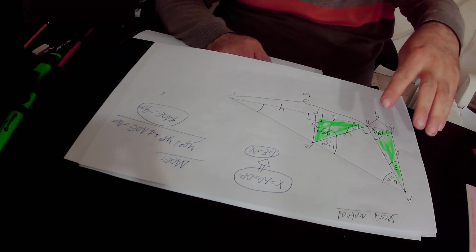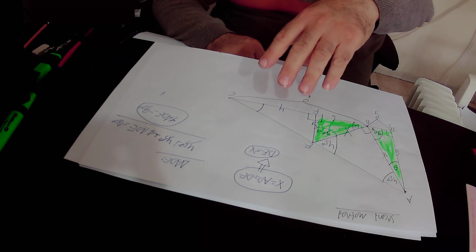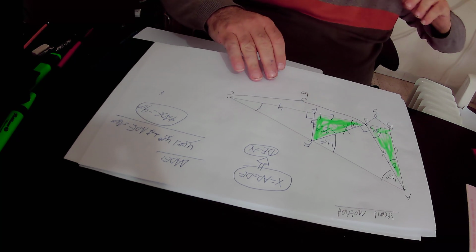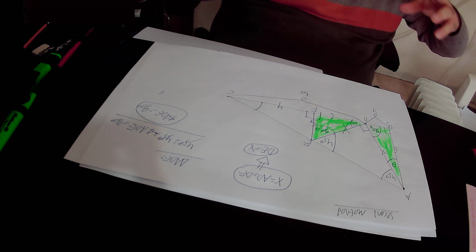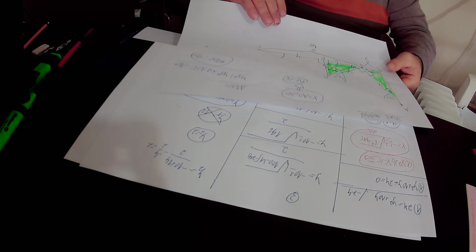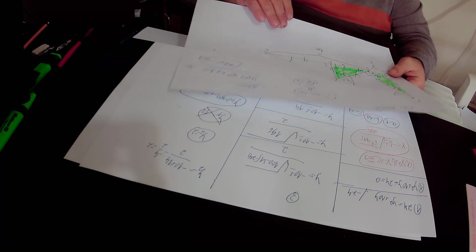So we found out that all the angles of triangle ABC are congruent to all the angles in triangle EFC. Therefore, those two triangles are similar to each other according to the angle similarity rule.